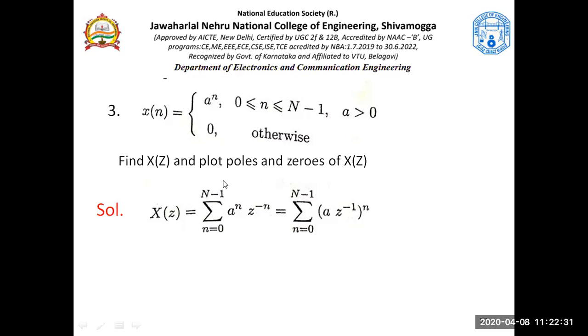I have not used that very first equation that I should have used for X of z, which is summation from minus infinity to plus infinity of x of n z to the power minus n. In place of x of n, a power n is there, ranging from 0 to N minus 1, into z power minus n. This is the formula that we use for finding the z transform.